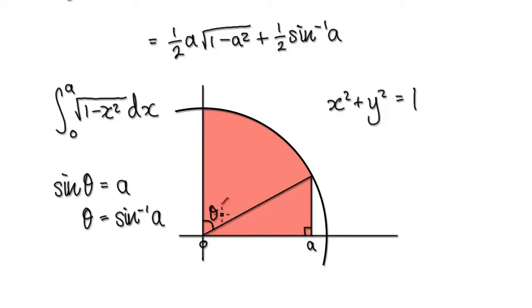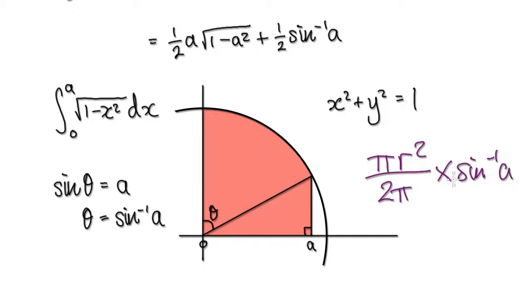So now that we know the angle, we can work out this whole area. Just work out the whole area of the circle, pi r squared. That will give you the whole circle. Cut up into 2 pi equal pieces, and then times your angle, inverse sine of A. Now the radius of a circle is 1.